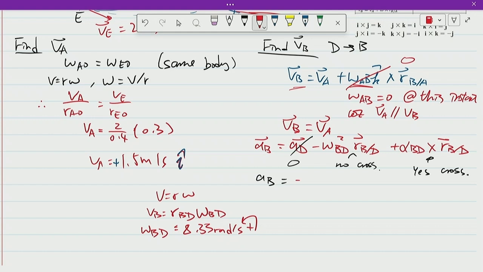So that's going to give us AB is equal to negative 8.33 squared, 0i minus 0.18j, because again, B is basically vertically below point D, so there's not going to be any i. It is below D, so that's going to have the negative sign.